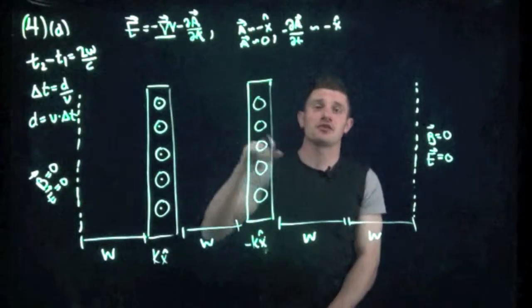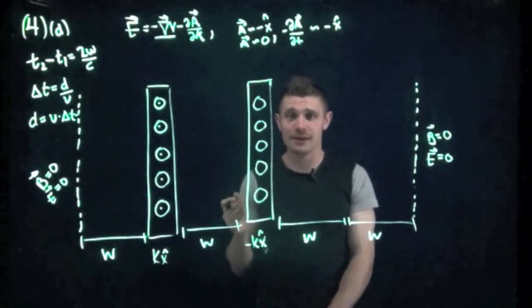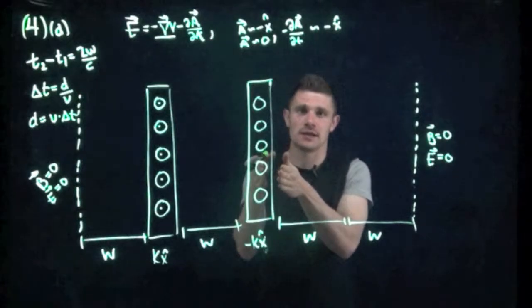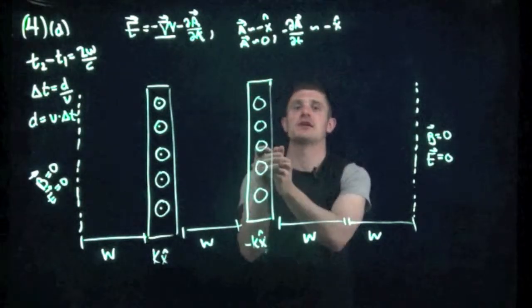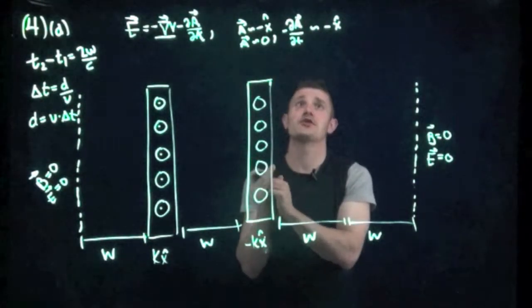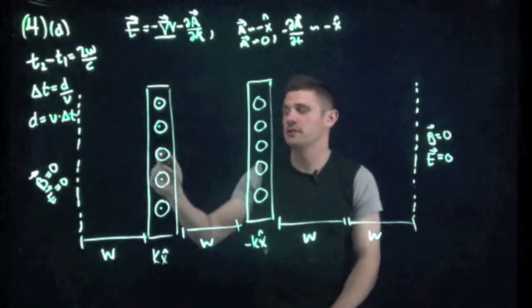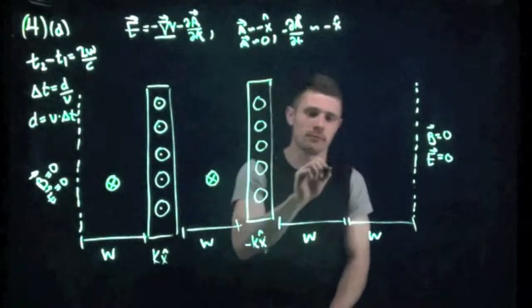But because we have a change in current, we have a change in the vector potential A, and that change, again, if we had it initially in the negative x hat direction and now we have no magnetic vector potential, the change will be in the positive x hat direction. So the negative time derivative of that change will be in the negative x hat direction again, which means that our electric field in all of these components will be into the board.